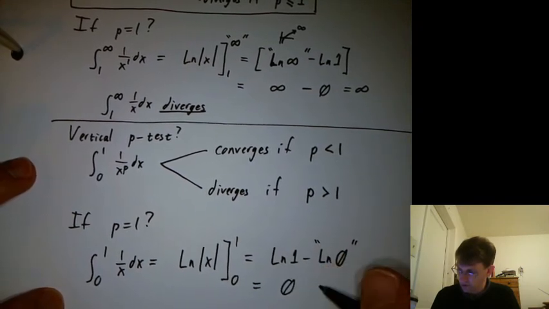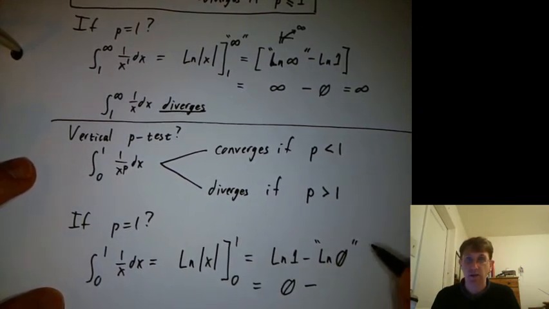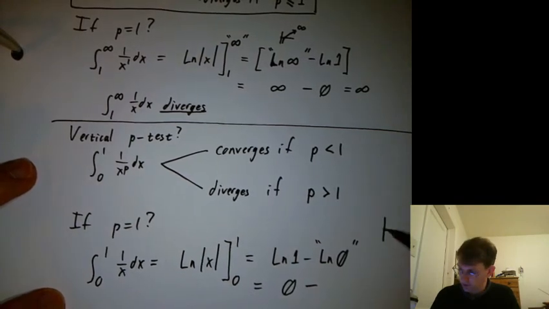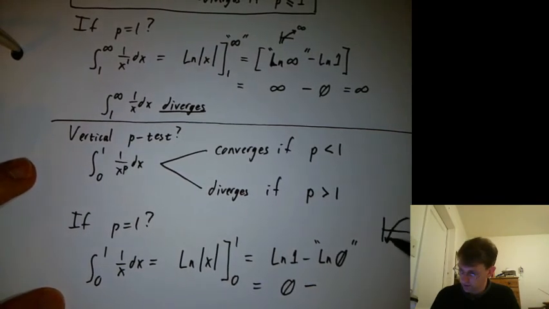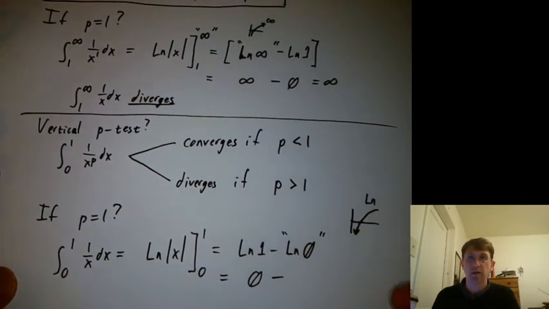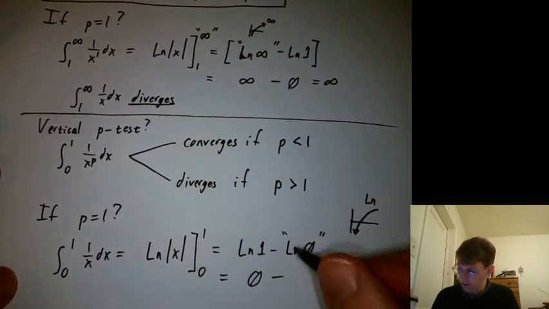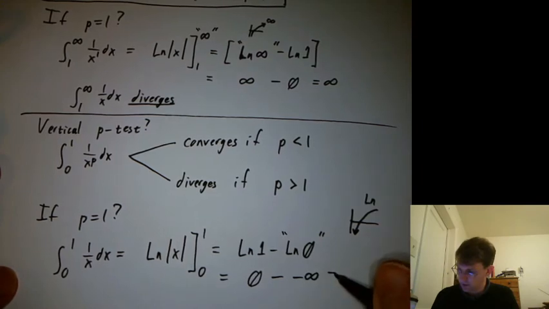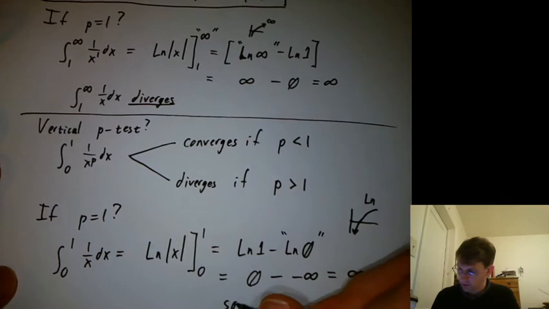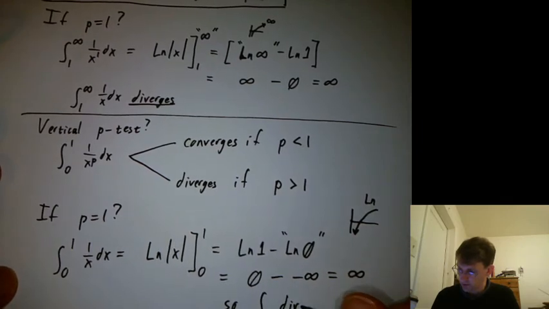Log of 1 is 0. Log of 0, let's think about what log looks like. Log of 0 is negative infinity. So altogether this would be positive infinity, so the integral diverges.